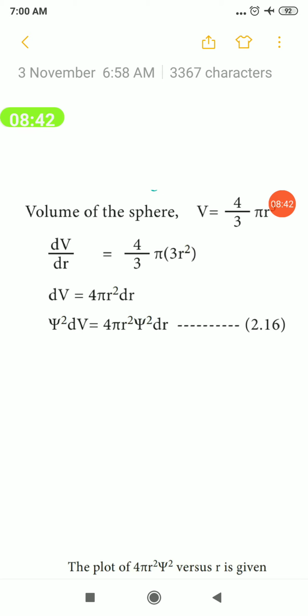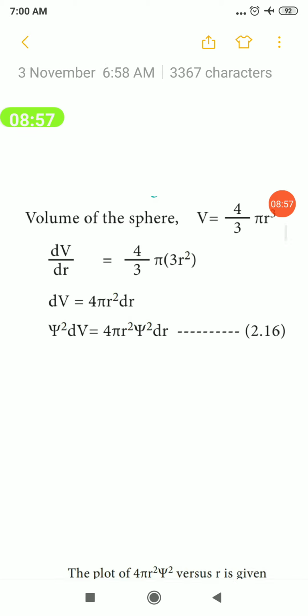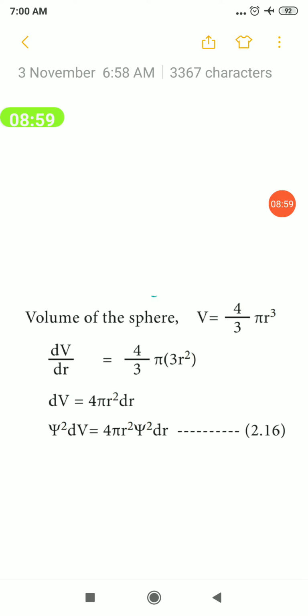When differentiating, the general differentiation rule is x to the power n becomes n times x to the power n minus 1. Here it is r cube, so the 3 will come in front, and 3 minus 1 means 2, so 3r squared.